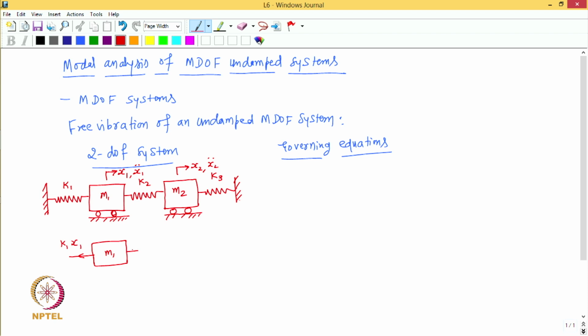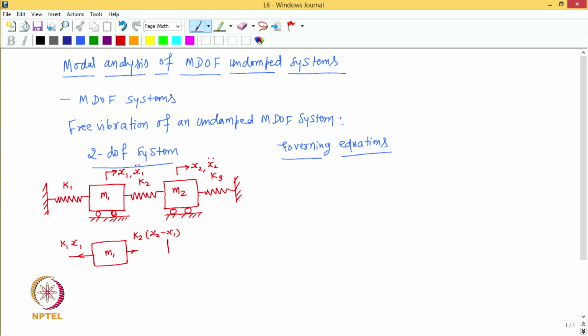Then we will have a force due to spring k2, and that force would be k2 (x2 minus x1). So, these are the two forces acting on mass m1.